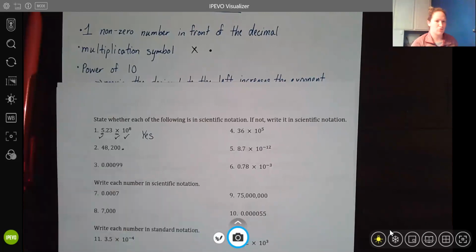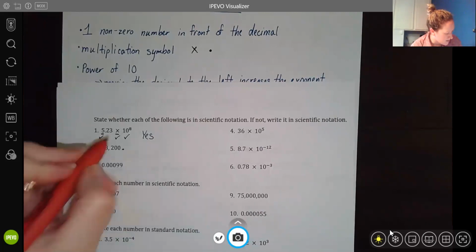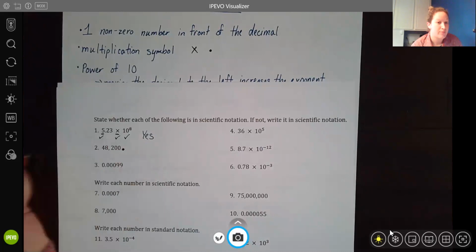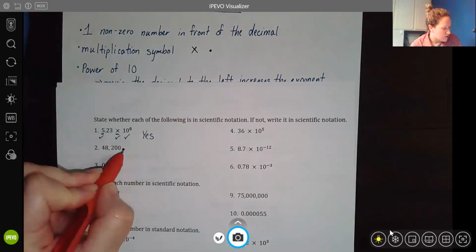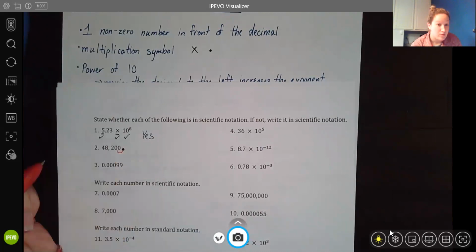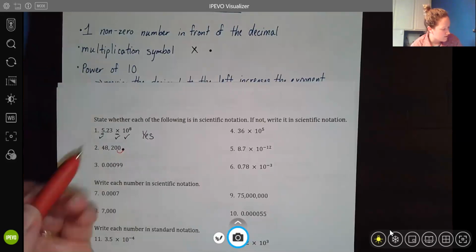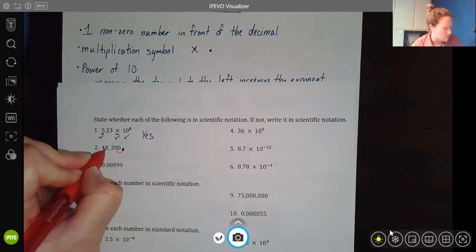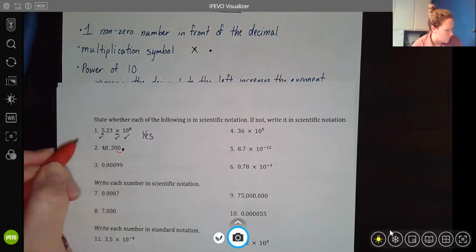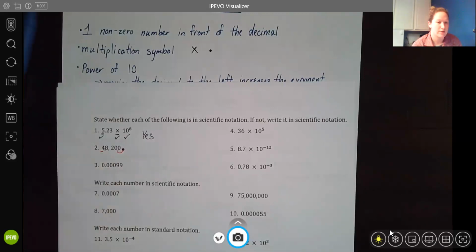I'm gonna switch to red. So this is a little clearer to see, okay? So it's at the end, and I am going to move it, okay, until I have one non-zero number. So in this case, that's going to be my 4. Okay, I want just the 4 to be in front of the decimal.